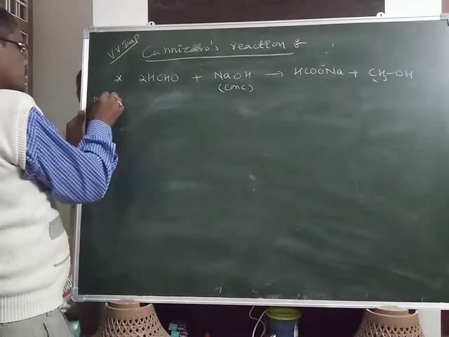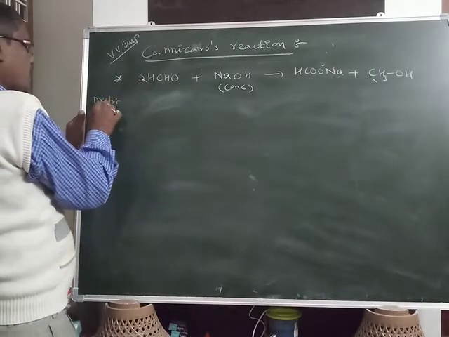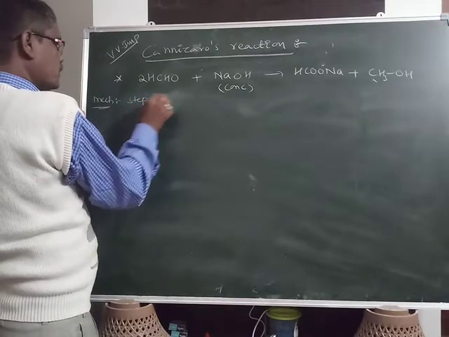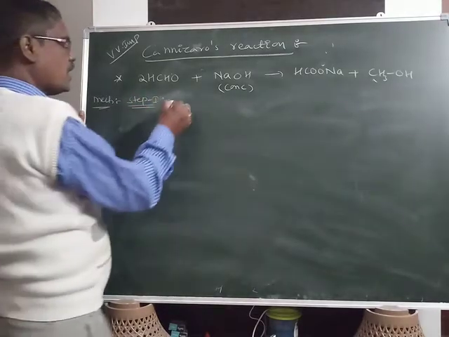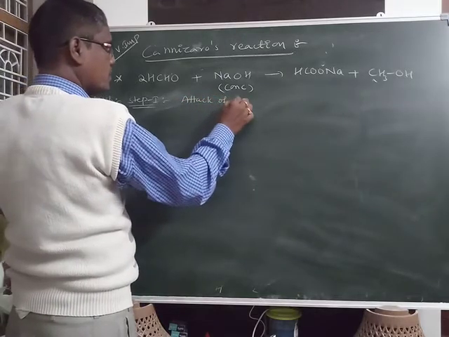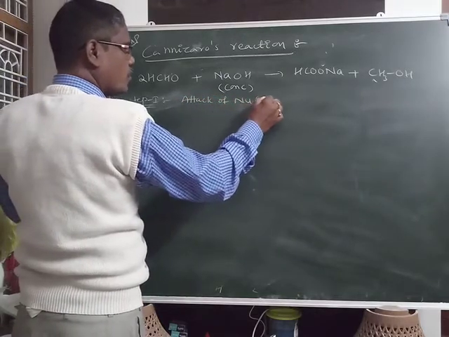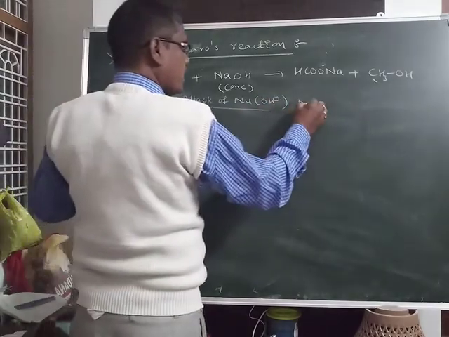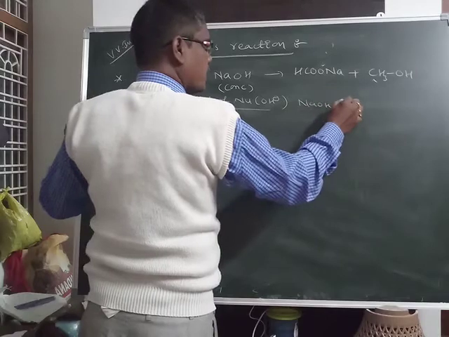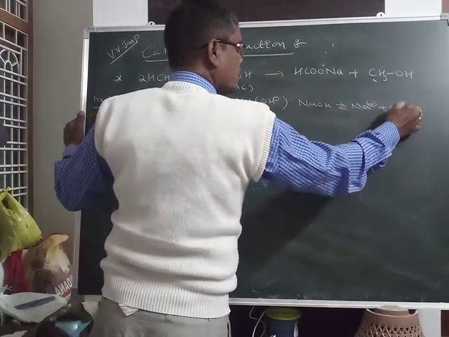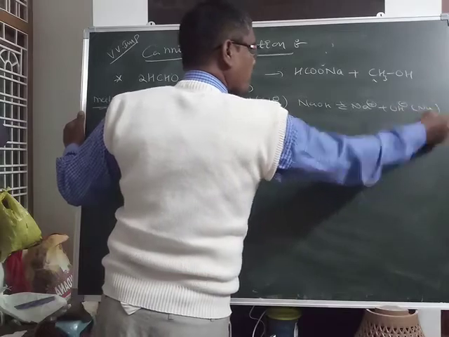Mechanism, step 1. Step 1, attack of nucleophile. Here nucleophile is OH minus. How is it obtained? NaOH is giving Na plus and OH minus. This OH minus is the nucleophile.